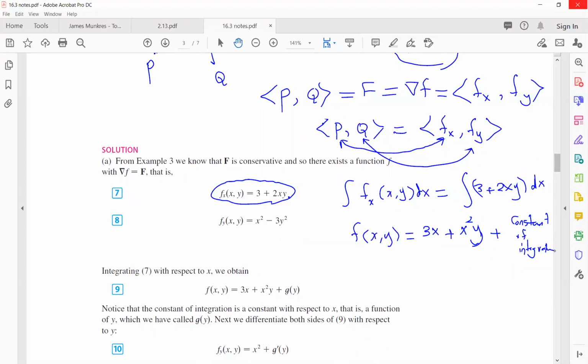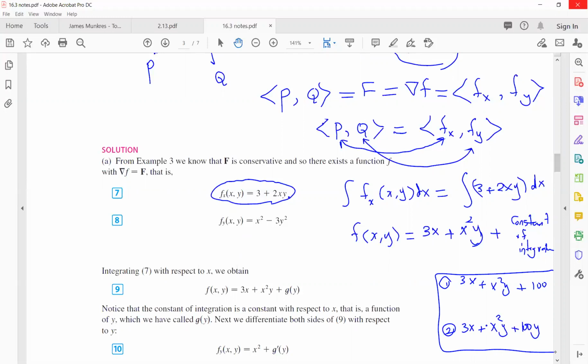But what is this constant of integration? So take a look at this. Suppose I give you two cases: 3x plus x squared y plus a constant, let's say 100, and 3x plus x squared y plus 100 times y.